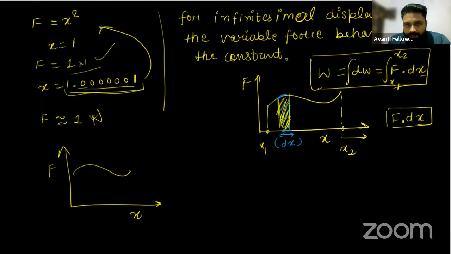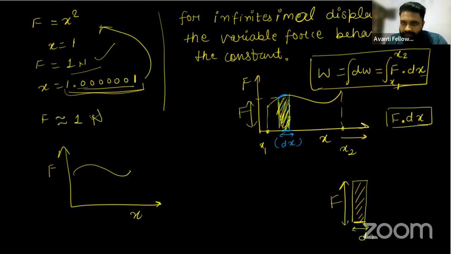Why? Because this strip acts as a rectangular strip. This value is f, the height on the vertical axis, and this value is the displacement, which is dx. So the area of this strip is f dot dx, which means length into height.